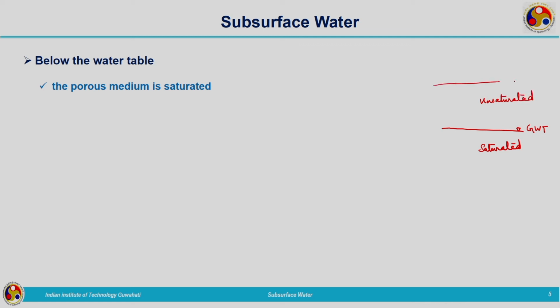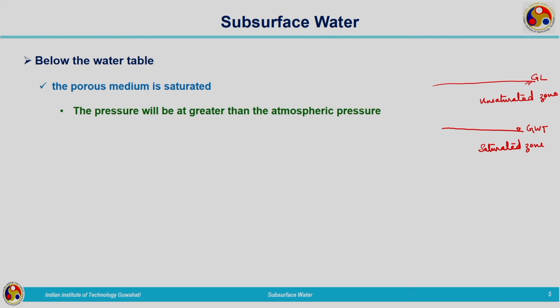Okay, this is our ground level. Groundwater table is separating the region into two, saturated zone and the unsaturated zone. Now, the pressure will be at atmospheric pressure at this groundwater table.